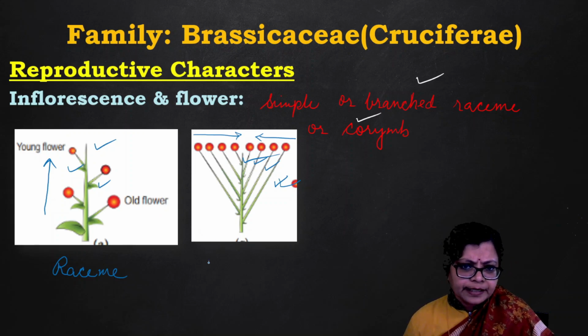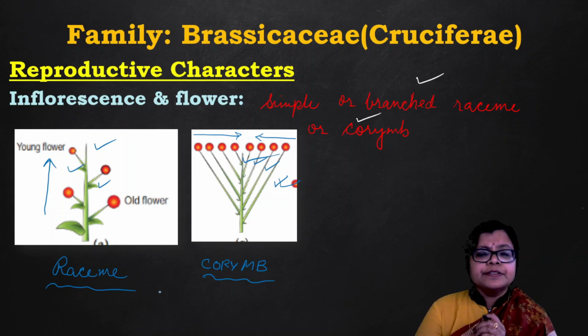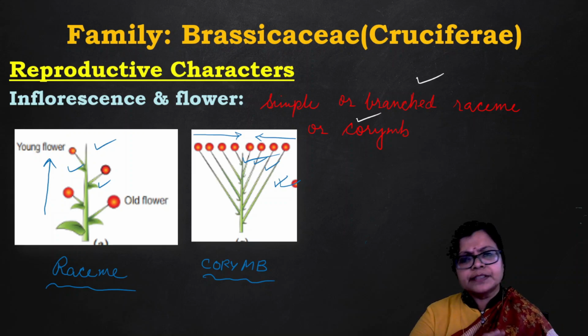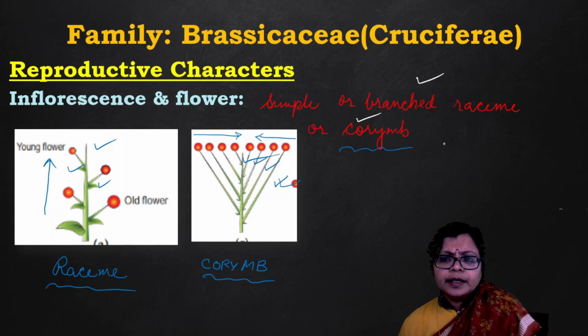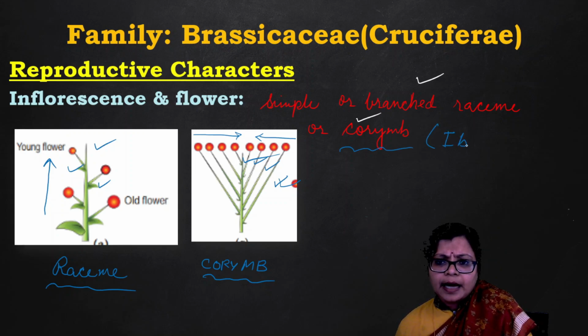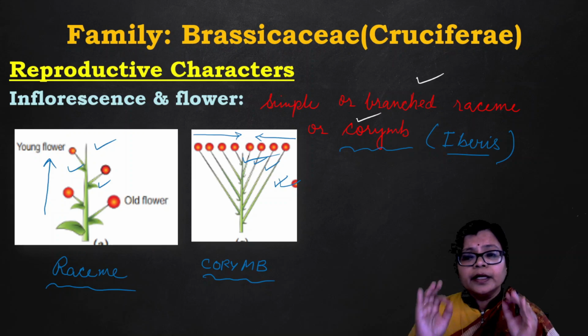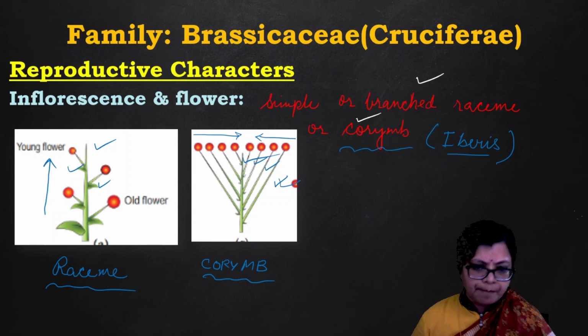So these are the difference between corymb and the raceme type of inflorescence. In most of the members, we observe simple or branched raceme, but corymb, where do we observe? Example, Iberis, I-B-E-R-I-S. This is the exceptional part, what I am telling over here, that you have to remember, because question may be formed from these exceptional examples.